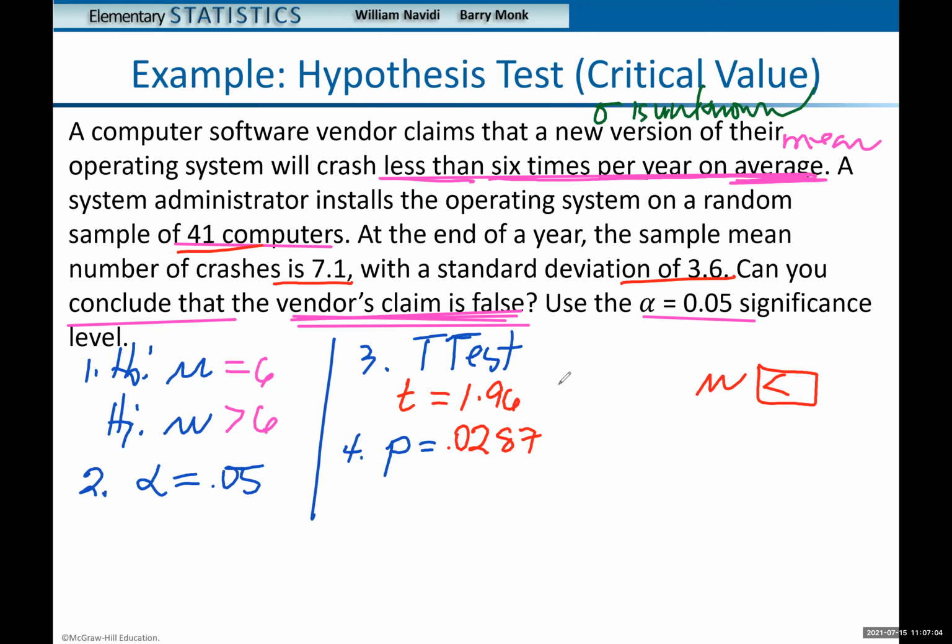So it's the same t value. No matter what you highlight, you will always get the same t value. So there's nothing to worry about with the t value, right? But your p is different. It's 0.9713. Do you see this?